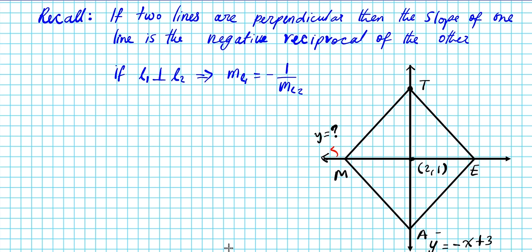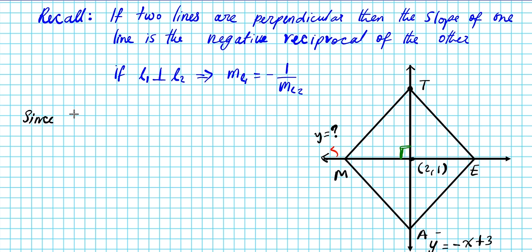So first things first, you want to remember that the diagonals of a rhombus are perpendicular to each other. So that's critical here. Diagonals of a rhombus intersect at 90 degrees. So let's put that point down.